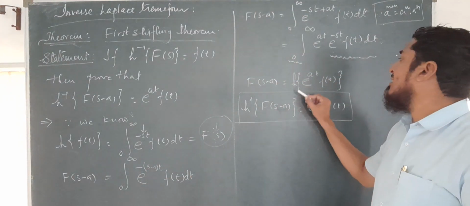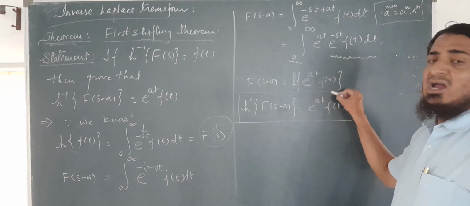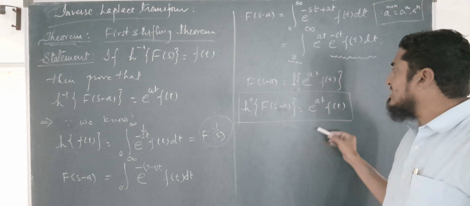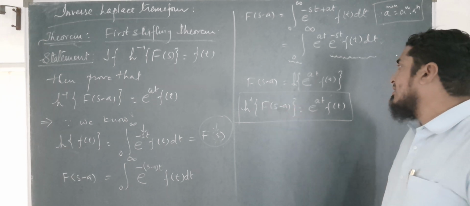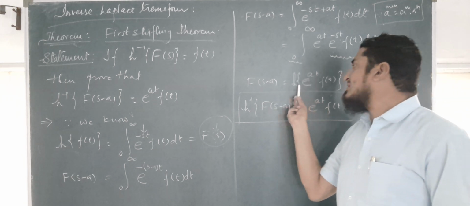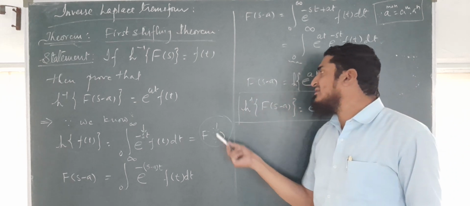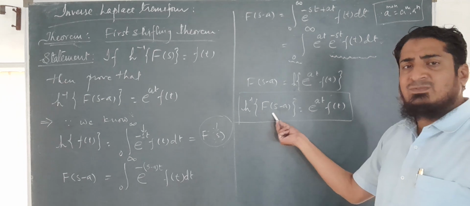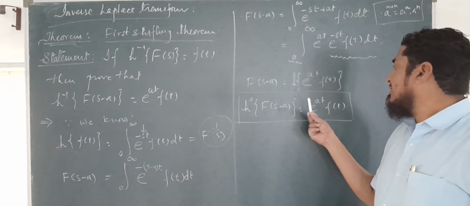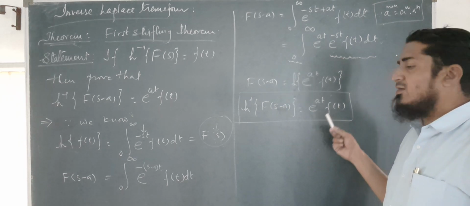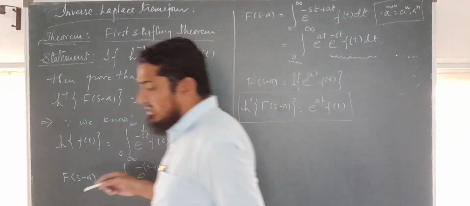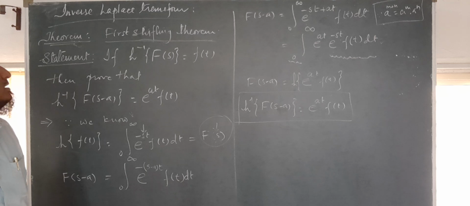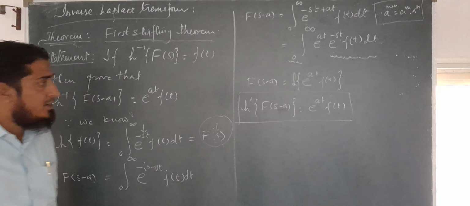So we can write the Laplace transform of e raised to at f of t. Correct? And applying the inverse Laplace transform operator on both sides, or shifting this Laplace transform operator to the left-hand side, we will get inverse Laplace transform of F of s minus a is equal to e raised to at f of t, and it is the required result for the first shifting theorem.